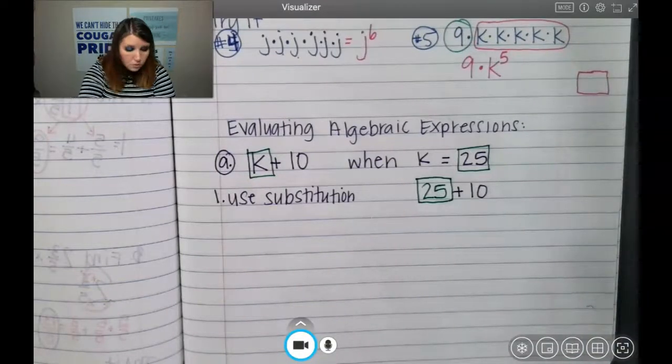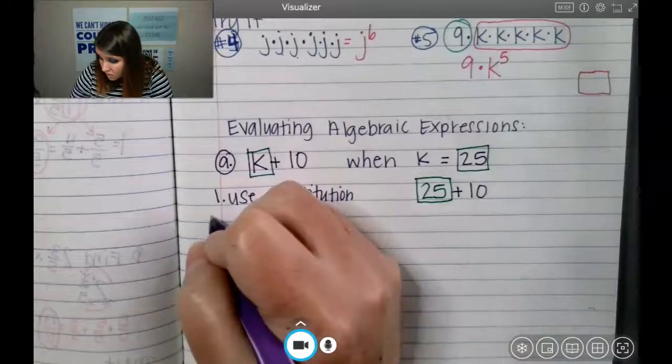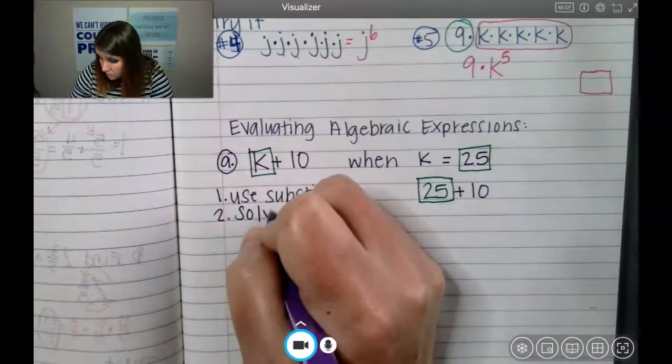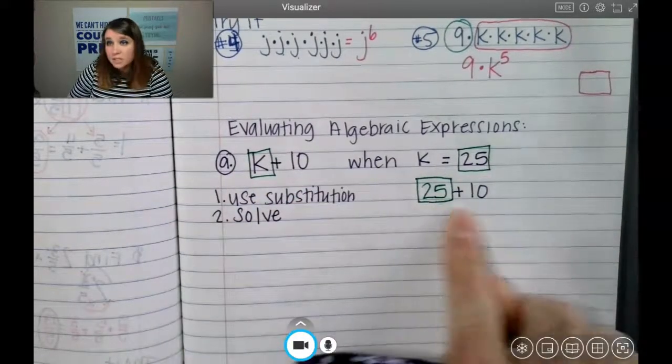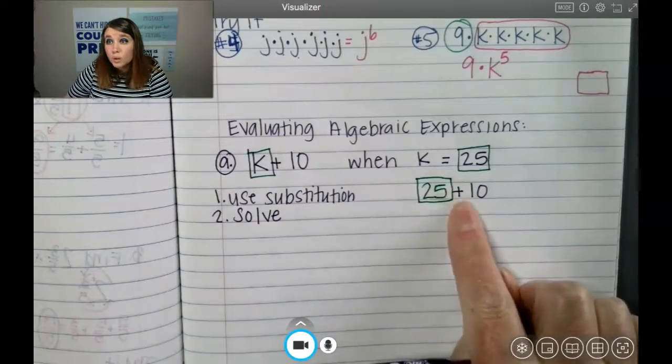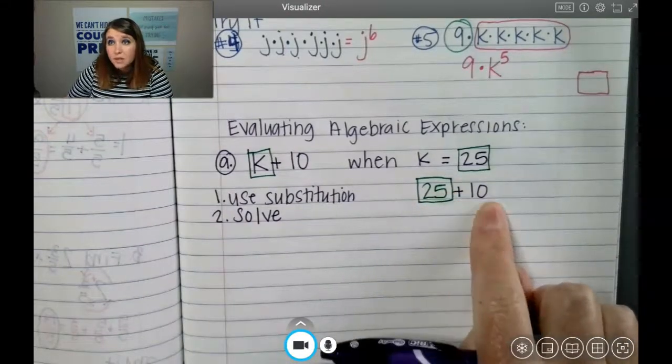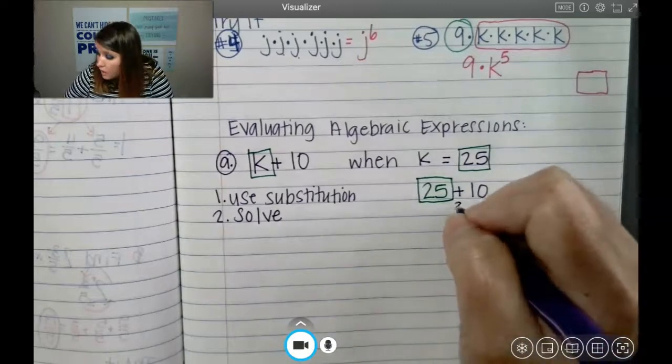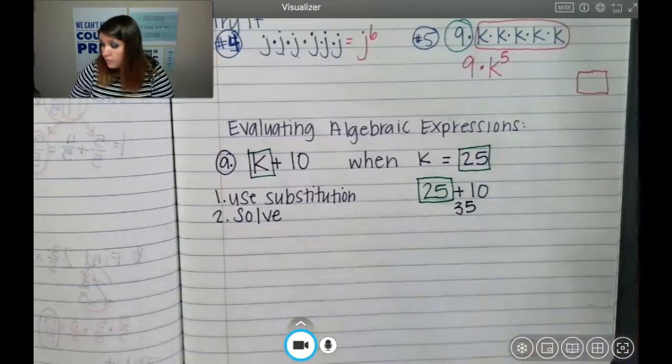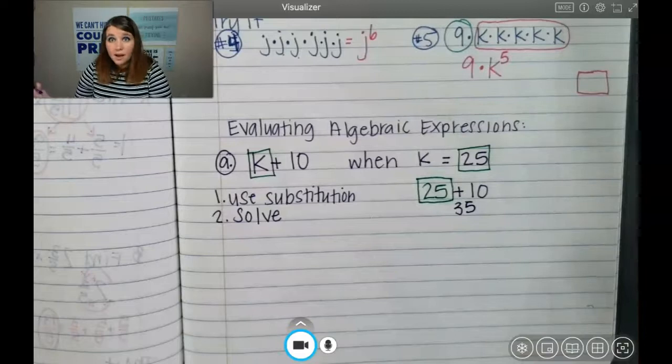Step 2, I'm just going to now solve. 25 plus 10 equals 35. So now I have an answer of 35. That's it. I am done. That's all you have to do.